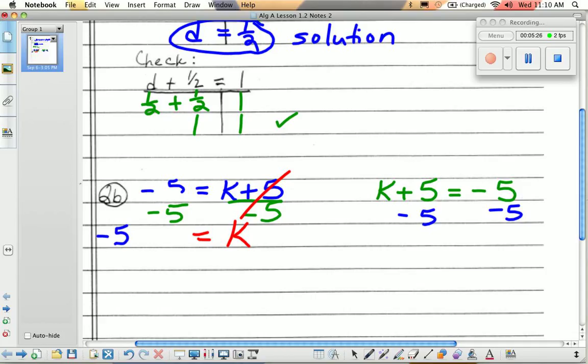Negative 5, add, what's the opposite of 5? Negative 5. That's really what we have there. Negative 5 take away 5 is the same as negative 5 plus negative 5. Anybody happen to know what negative 5 plus negative 5 is? Negative 10. So our solution is negative k is equal to negative 10.